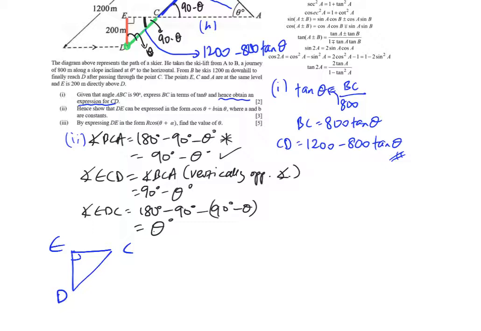My target is to find this red line here. And the good thing is I already have this angle, which is theta. In addition to that, I have the length for CD as well, which is 1200 minus 800 tangent theta. So if you want to find the red line with respect to theta, the red line is your adjacent, and the green line, which is something that you have, is your hypotenuse.